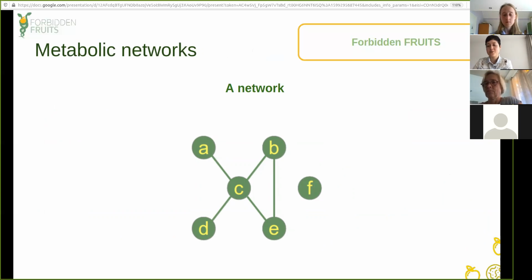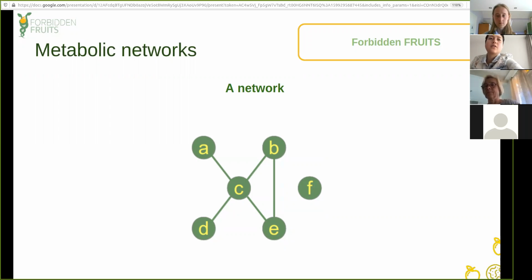So first, what is a network? We can define the network as a collection of dots, like we have here, which we will call nodes. So A, B, C, D, E, and F are our nodes, and they are interconnected through a set of lines, which we will call edges. Just like we see here.